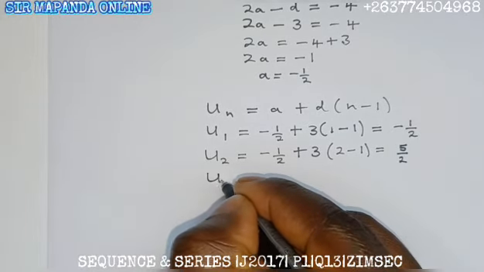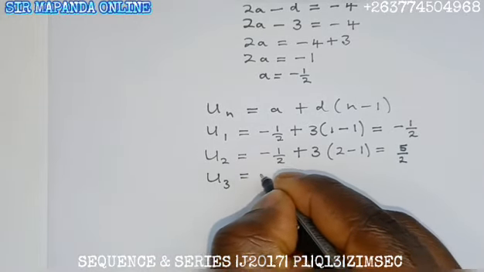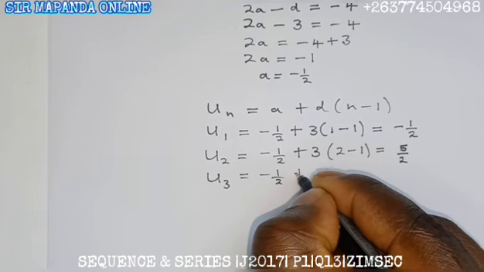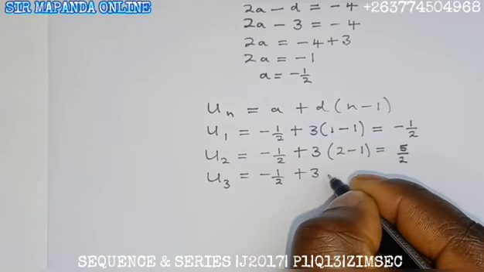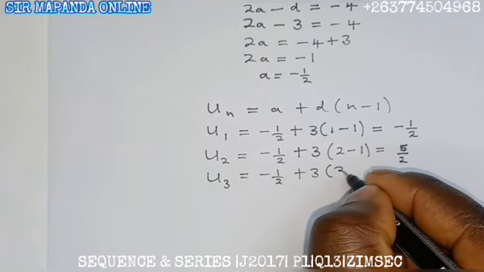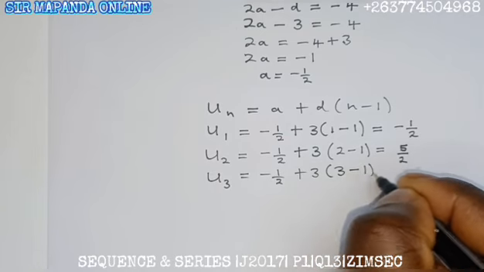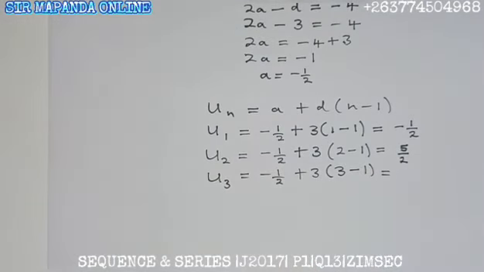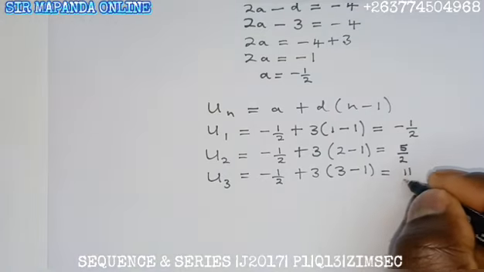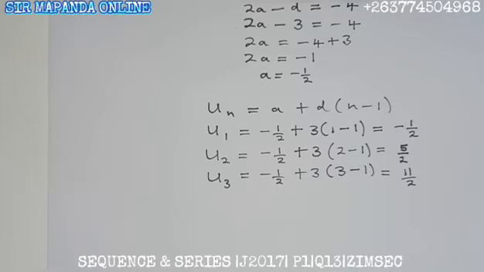Then to find u3, you are saying minus half plus 3, open bracket, 3 minus 1. Then you can punch this in your calculator. You get 5.5, which is as good as 11/2. Then you are home and dry.